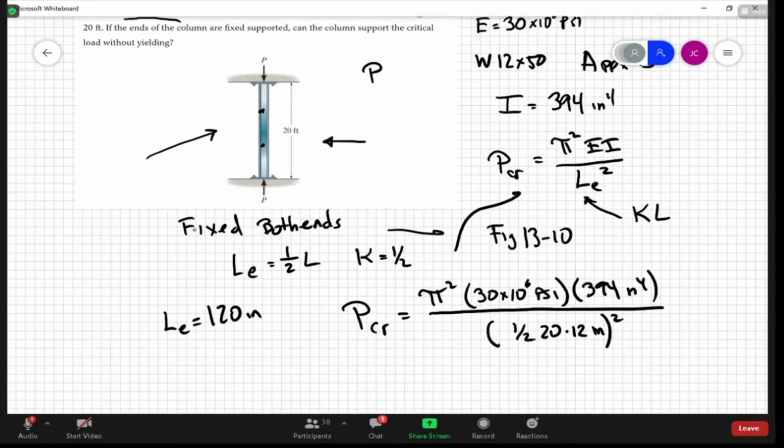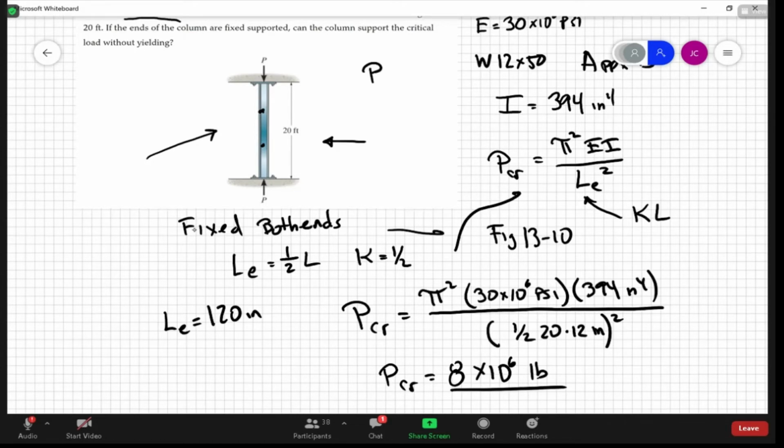And then if we square that and divide, I get a critical buckling load equal to 8 times 10 to the 6th pounds. So it's a pretty high load. If the load were to exceed that, we would get failure due to buckling.